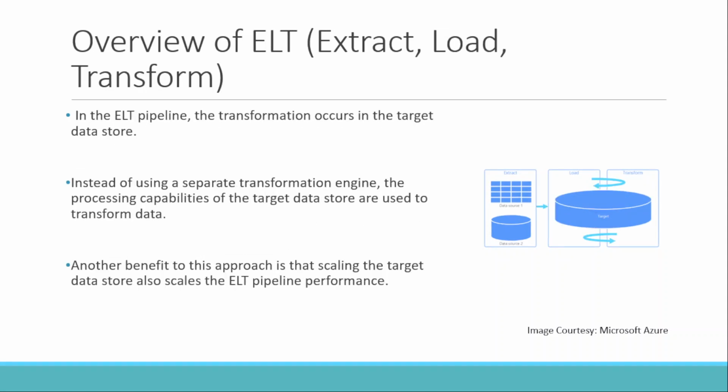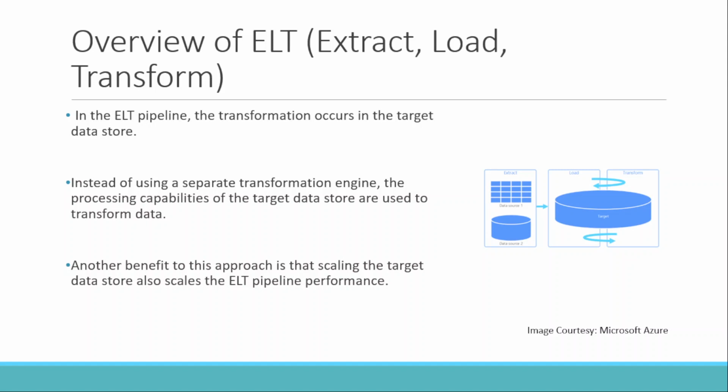Next, let's talk about an overview of the ELT process, or extract, load and transform. In the ELT pipeline, extract, load and transform differs from ETL solely in where the transformation takes place. In the ELT pipeline, the transformation typically occurs in the target data store.